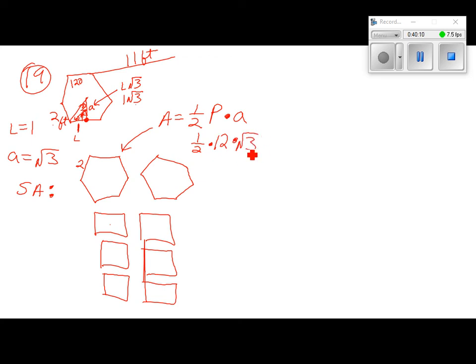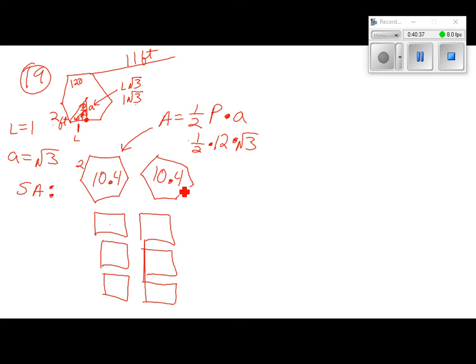You can change the 1/2 to 0.5, so 0.5 times 12 times the square root of 3, and you end up with about 10.4. So the area of that hexagon is 10.4, and the area of the other base, the other hexagon, is also 10.4.